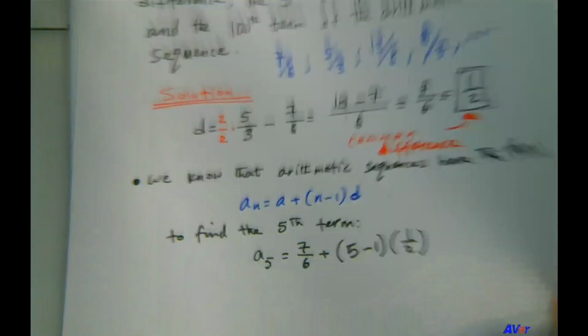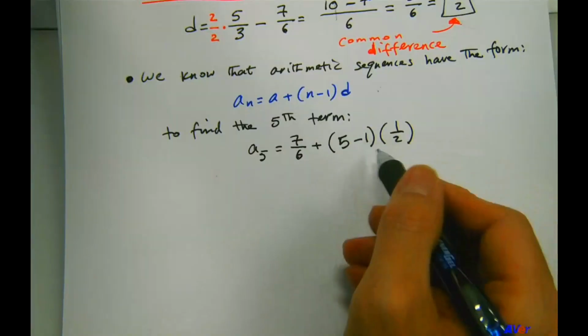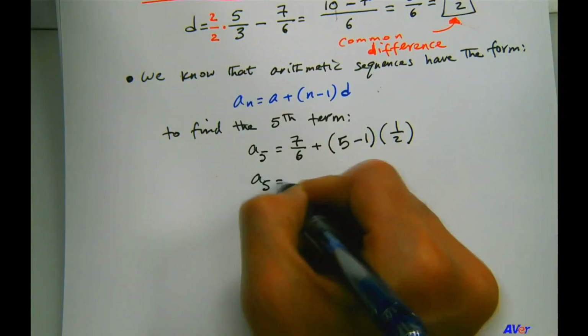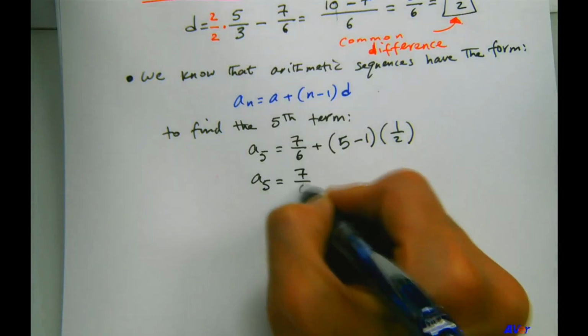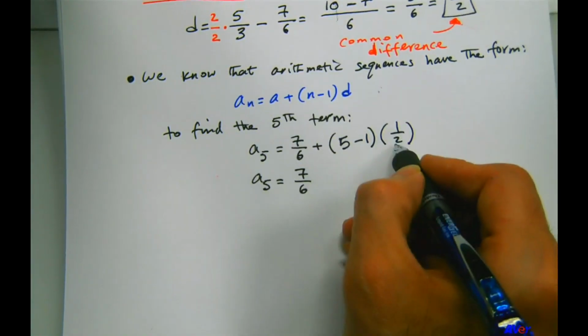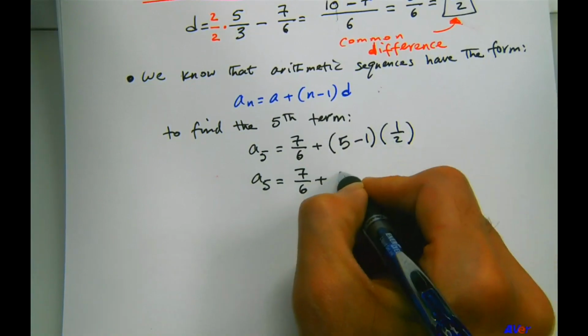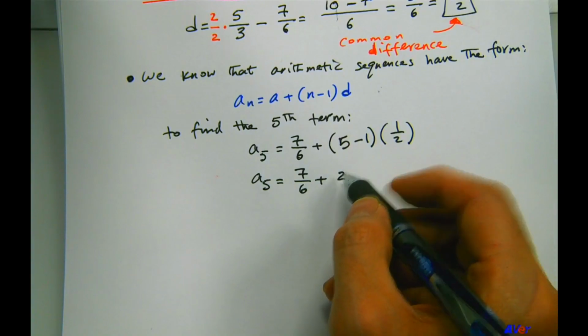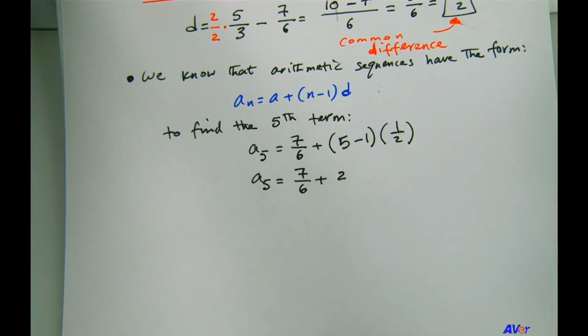Okay? So let's do the basic arithmetic on this. 5 minus 1 is 4, times 1/2 is 2, right? So the denominator here is 1.